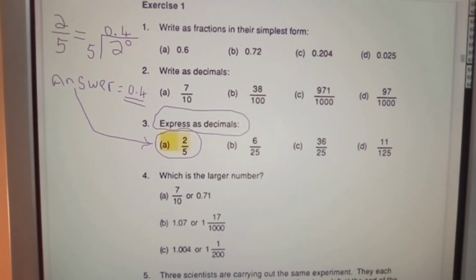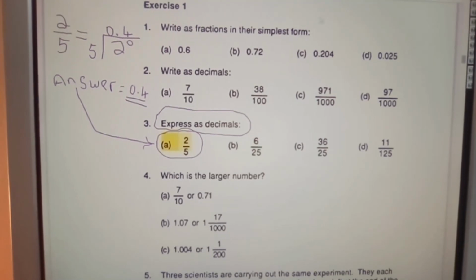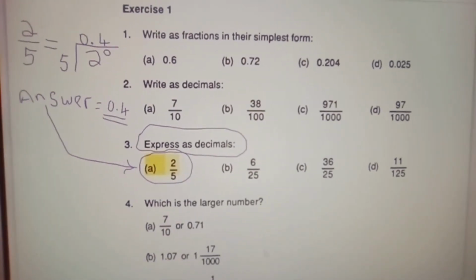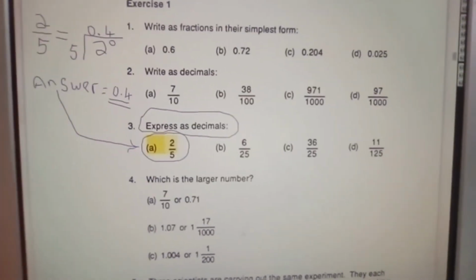Okay, good, thank you. Okay, that's the one we're doing, okay? Yeah, I might adapt that process. Okay, let's try the other one.